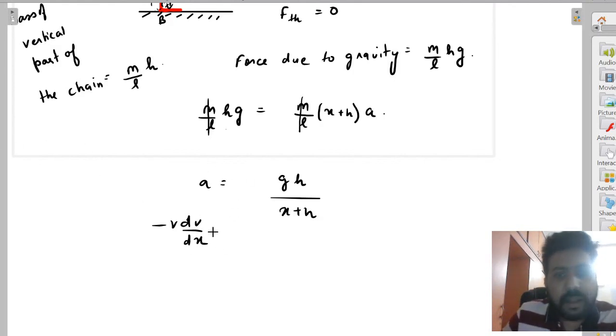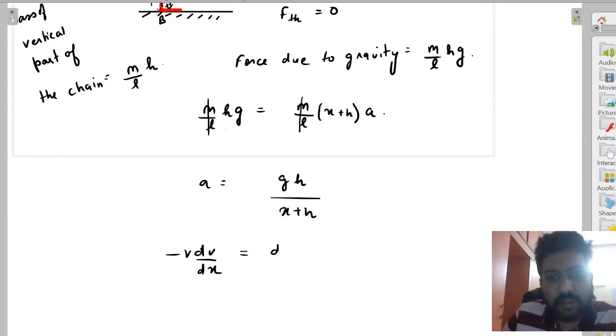Because x is decreasing, so dv/dx is negative. Velocity is increasing as x decreases, so dv/dx is negative. So to make this positive, this negative has to be introduced. All right, so -v dv/dx = gh/(x + h).